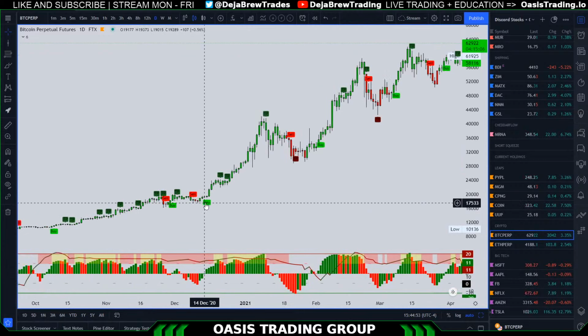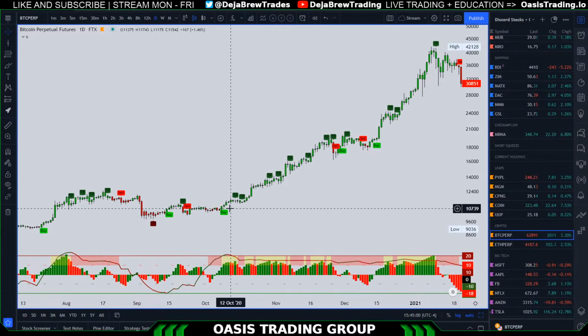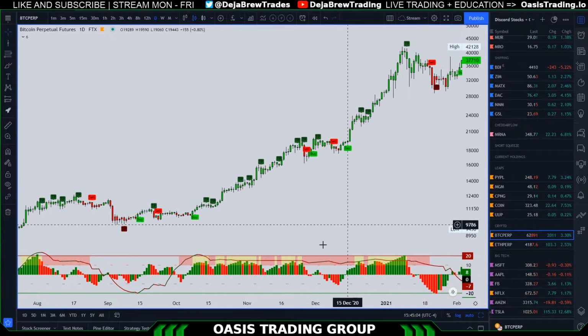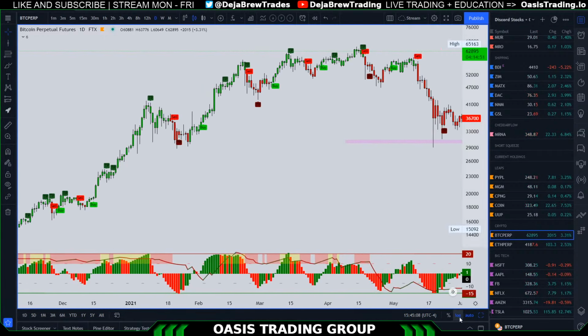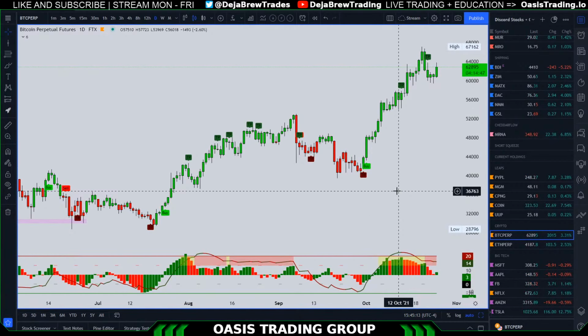But like this, for example, here, you're finding a top already, and then look at these buy signals. These buy signals go for massive runs. Okay. So look for that. When the Momo is above 10, the buy signals are going to be stronger, and it will also give you late confirmation that your trend is strong.